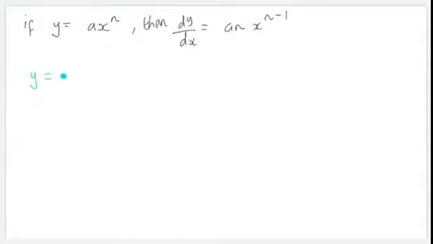y equals 4x cubed implies that dy/dx equals 12, 3 times 4 being 12, x to the power of 2.